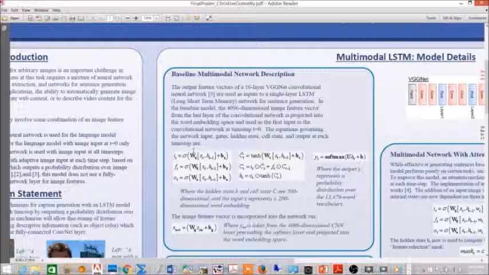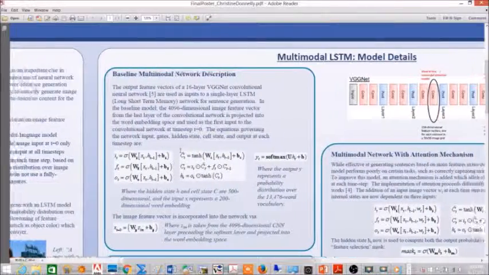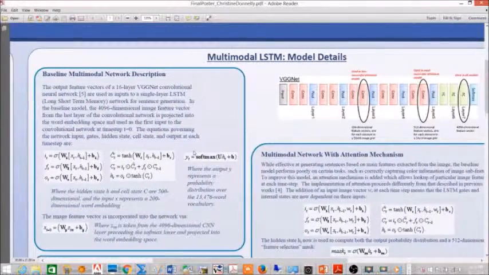In generative mode, the hidden state is used to form a probability distribution over the vocabulary size to select the next input word. To incorporate image information, a feature vector from a convolutional neural network, in this case the 16-layer VGGNet, is also used.